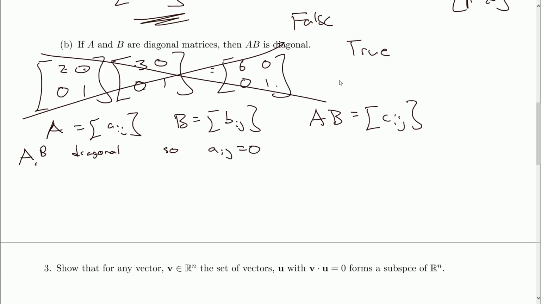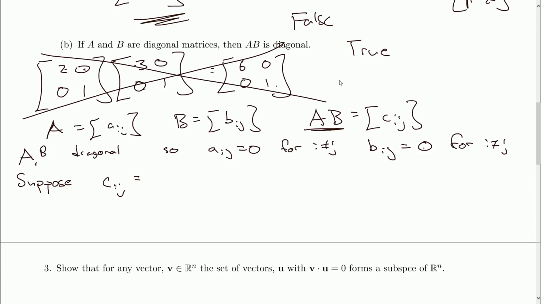So AIJ is 0 for I not equal to J. BIJ is equal to 0 for I not equal to J. And now suppose we look at CIJ, the ij entry of A times B.